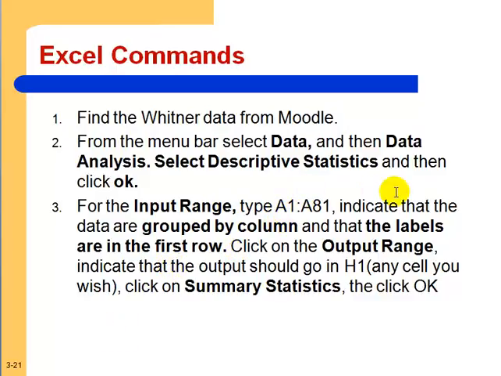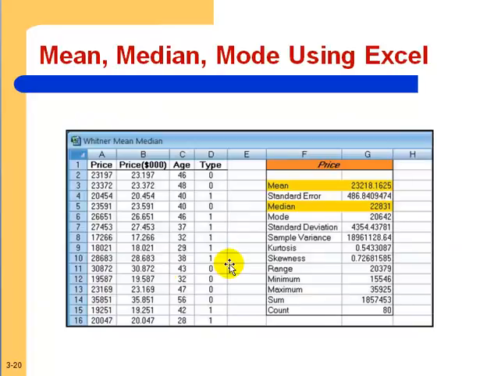Indicate that the data are grouped by column and the labels are in the first row. Then click on the output range, put in any cell you wish, click Summary Statistics, then click OK. You can get the result like this: the mean, median, and mode.